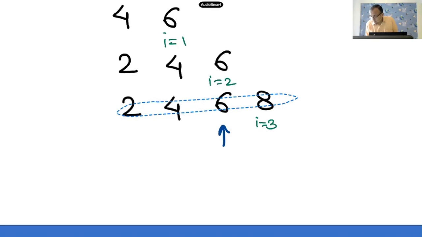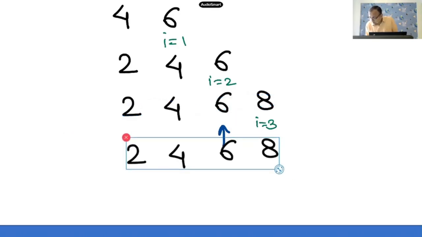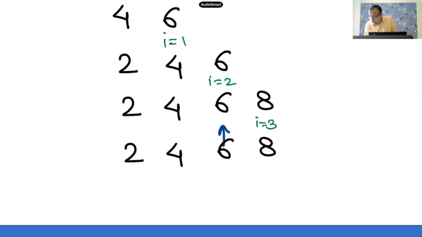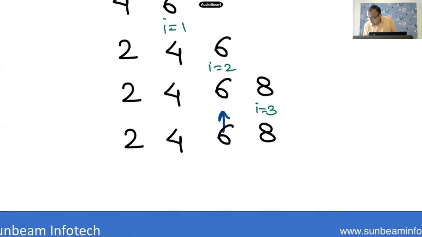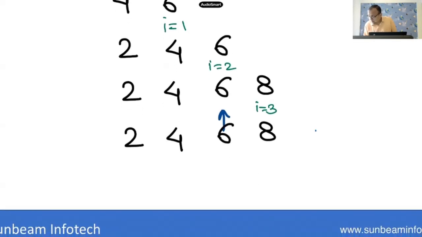You continued further, and now you consider array of 5 elements. Which is the fifth element? Fifth element is 3. You copy that. I am showing you only that much of the array. I'm just saying that you focus only on that part. So here I is equal to now 4, and you take out that element.